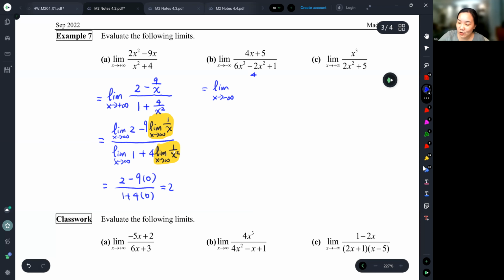So I get 4 over x squared plus 5 over x cubed, over 6 minus 2 over x plus 1 over x cubed. And then the same thing. I know you may think, oh, do I have to write all that? Just for today.